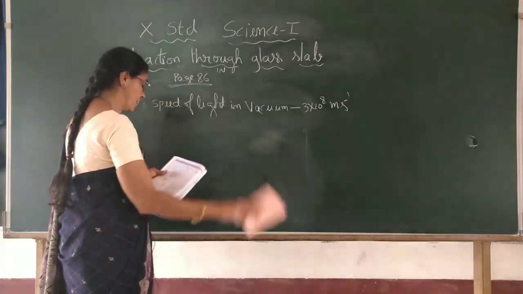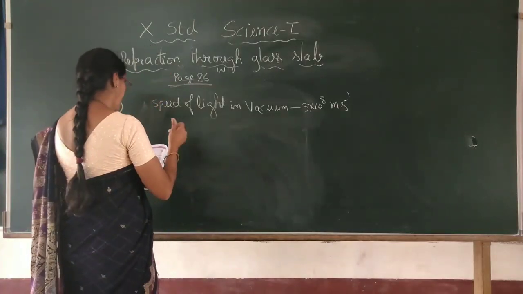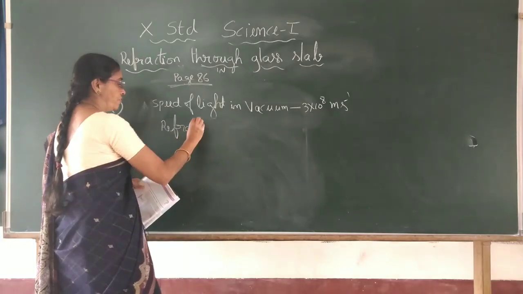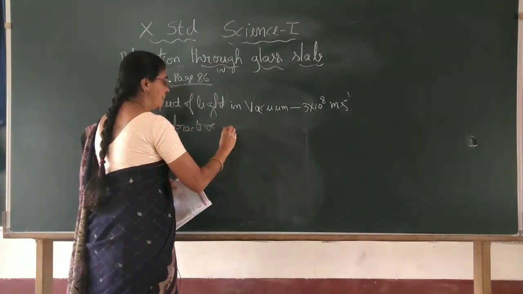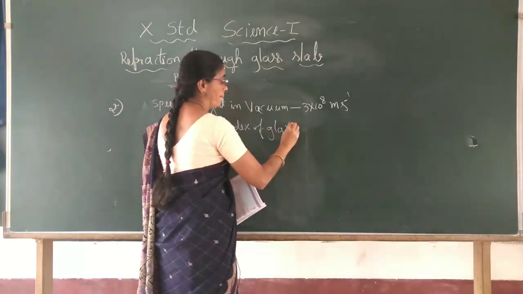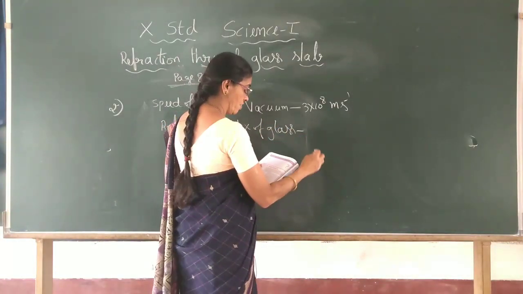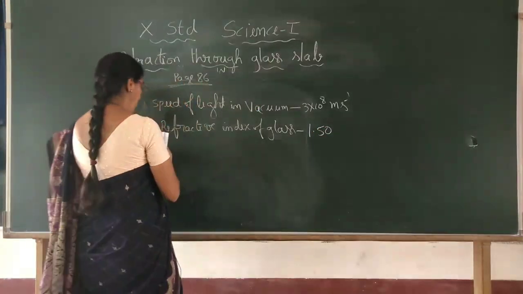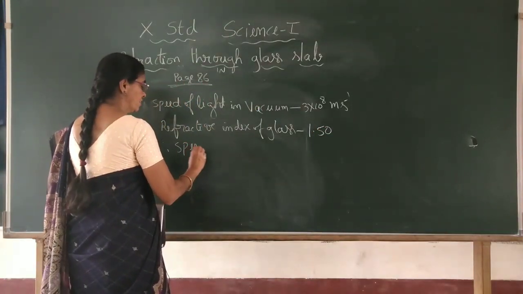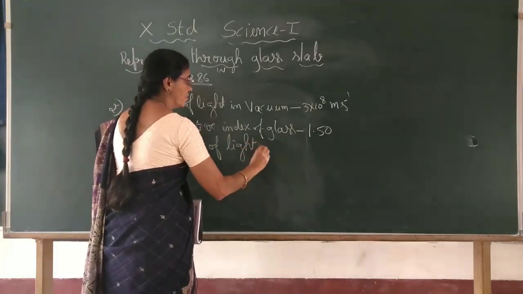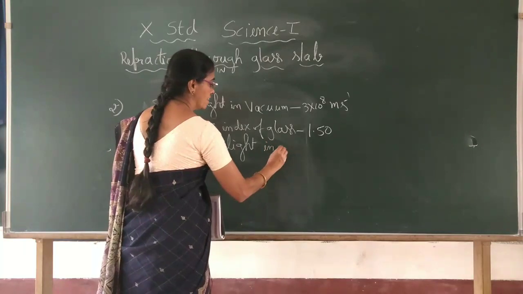What is one more thing they have given? The refractive index of glass is 1.50. Therefore, speed of light in glass.